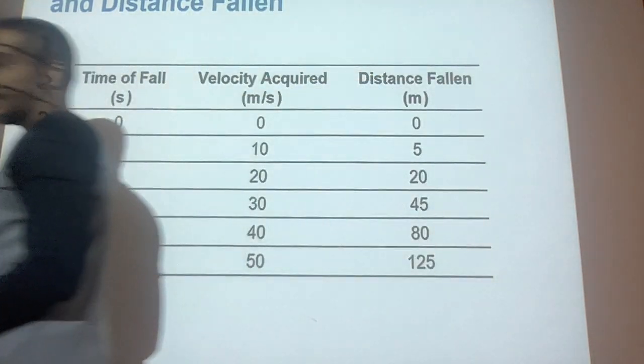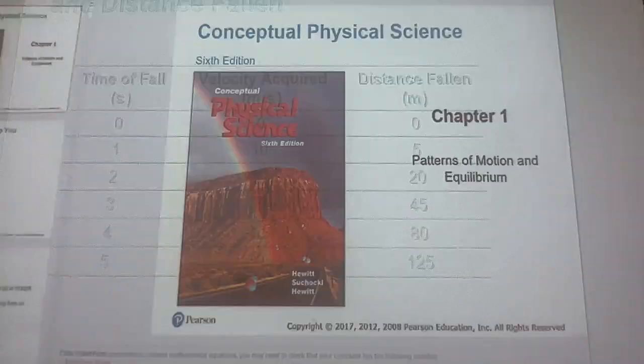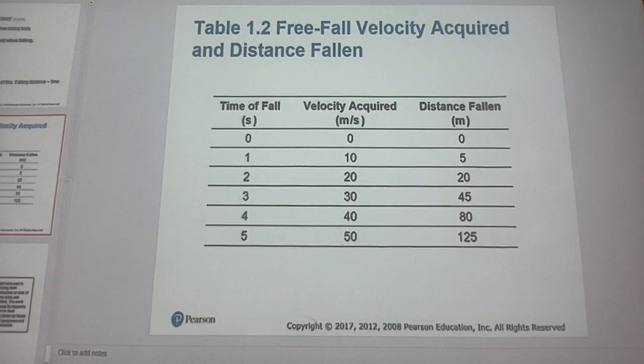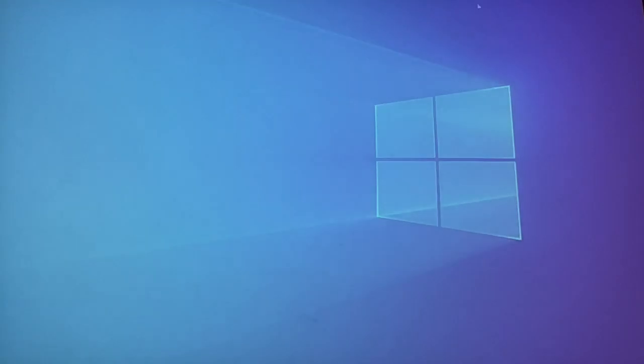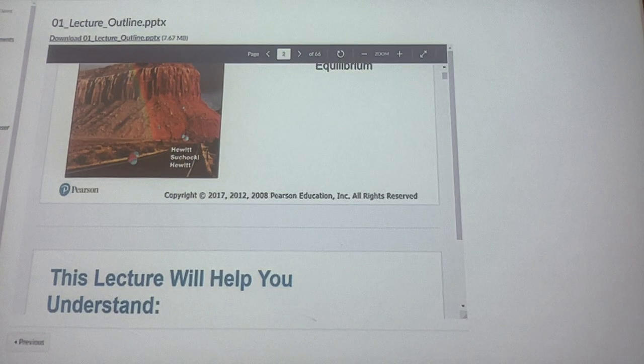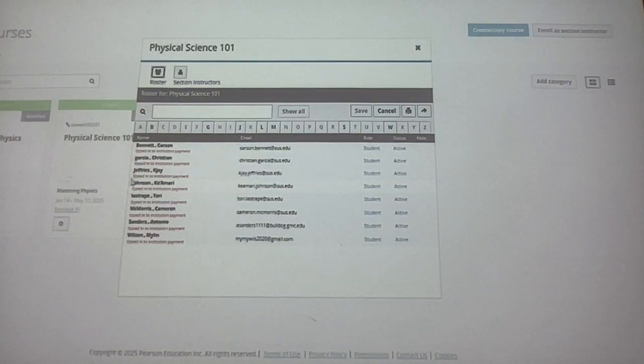So let's call them out again. Carson Bennett, Christian Garcia, AJ Jeffries, Kamari Johnson, Tori, I think Tori left, Cameron McMorris, Antonio Sanders, and Mike.